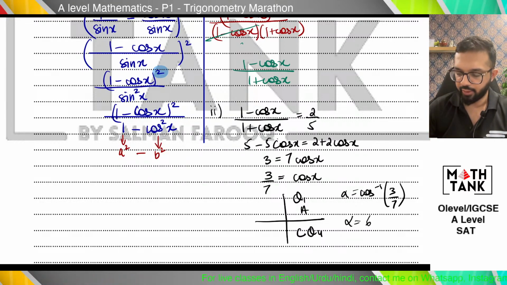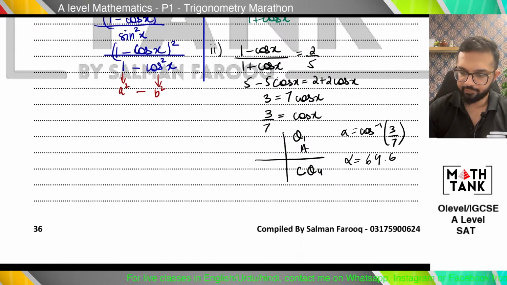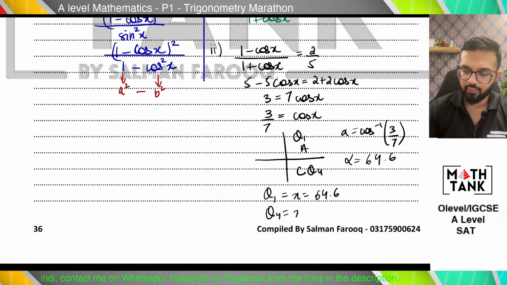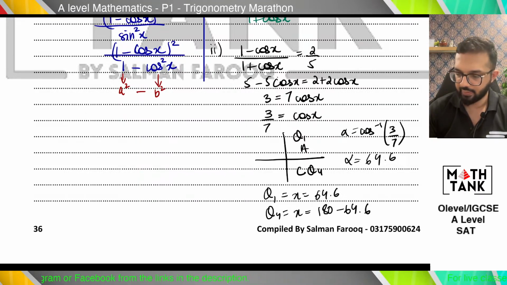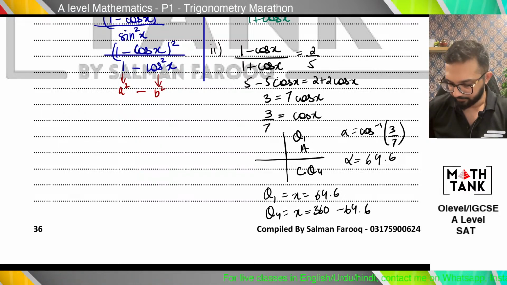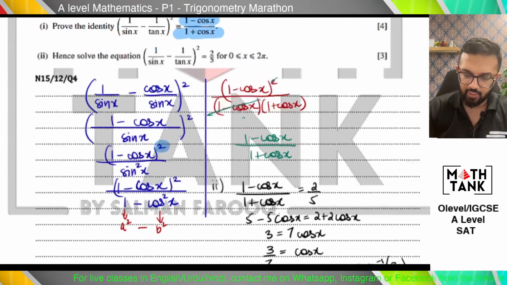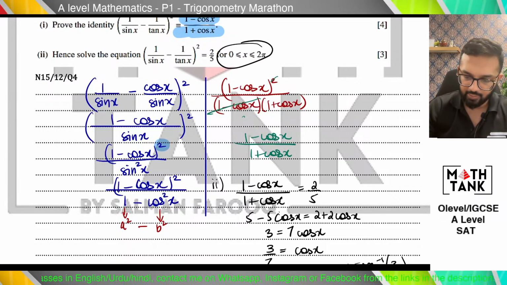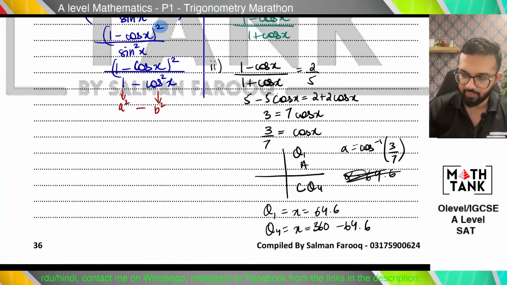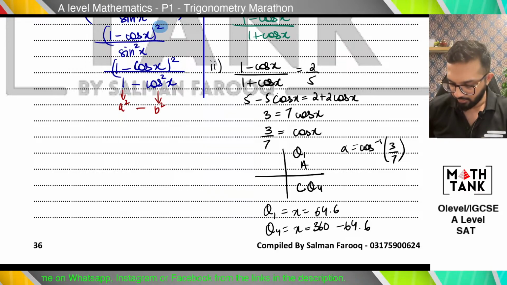So quadrant 1 equals to x equals to 64.6, and quadrant 4 equals to 360 minus 64.6. I don't know if those are the correct answers, or if this question had to be solved in radians. Okay, let me solve this in radians again for you.